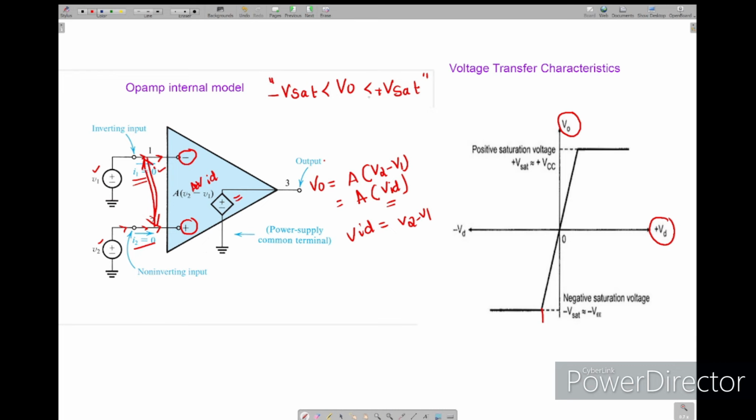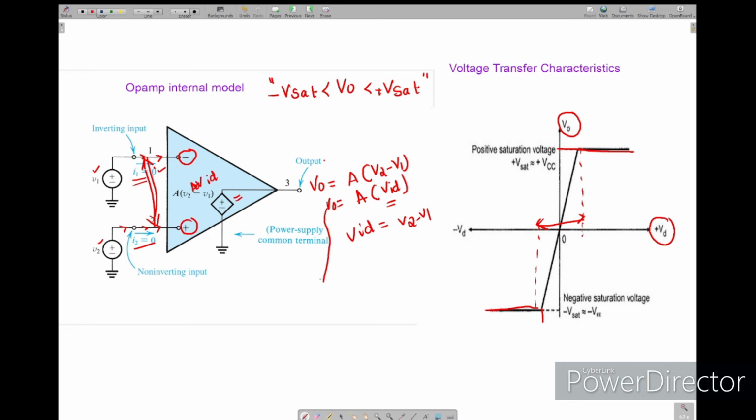More than this output voltage we will not get. So it is saturating at plus Vsat or minus Vsat. Before that, up to this range, it is operating in the linear region, because V0 is A times VID.